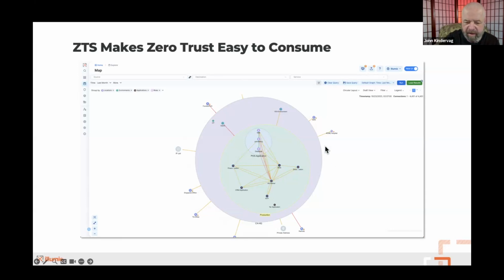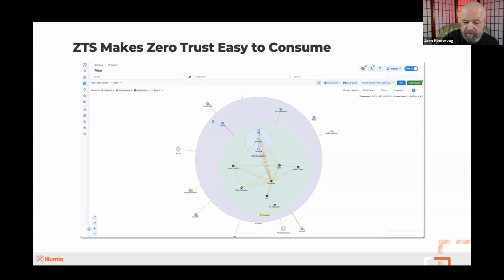If you can see my cursor, it showed us the point of sale application. It knew that it was a point of sale application by reading the metadata and the traffic. So right away, that tells us this is step one, right? Now we know the DAAS element in this database. There's a database here, so that DAAS element must be the credit card data, PCI data. So now we have step one done.